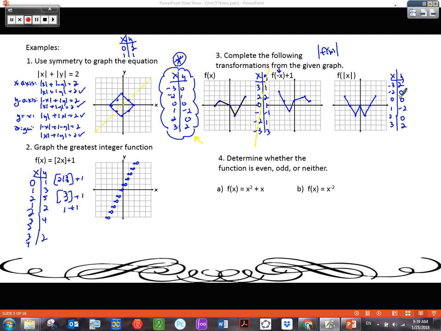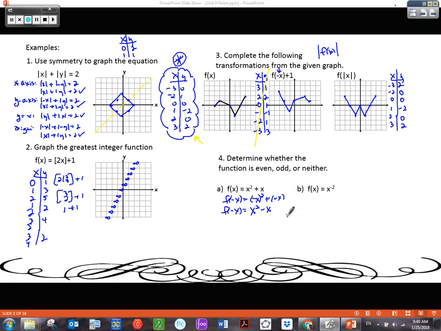Okay. So our last one is to determine whether the function is even, odd, or neither. We're going to do that test where we find f of -x. So that would be (-x) squared plus a (-x). I simplify that, and I get x squared minus x. Do I have the exact same thing that I started with?